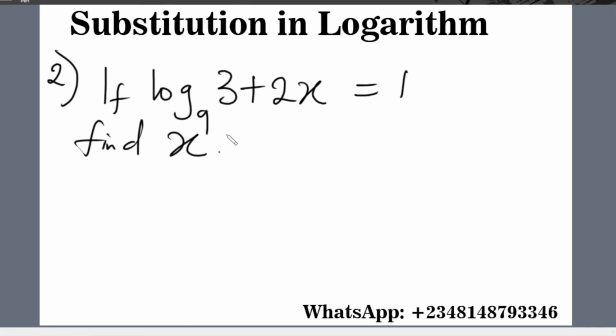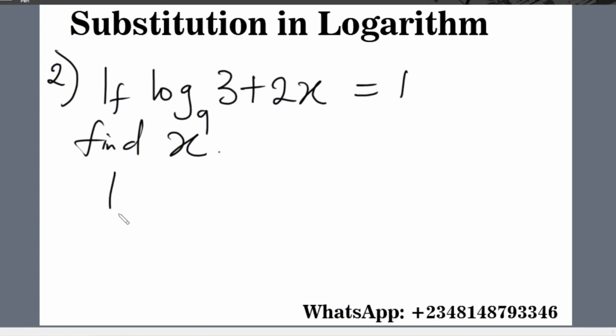Since 3 plus 2x was not put in a bracket, the log is only for 3. Had 3 plus 2x been put in a bracket, the log would have been for both of them. But since it wasn't, the log is only for 3.